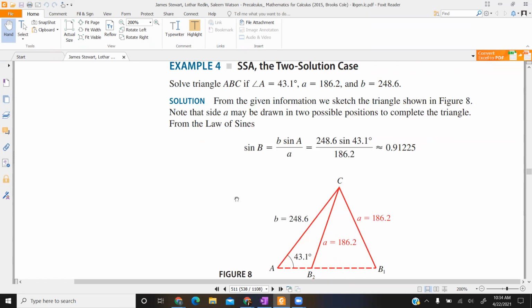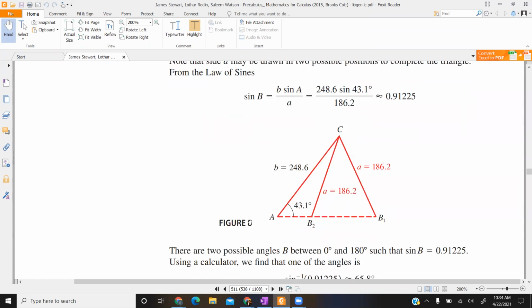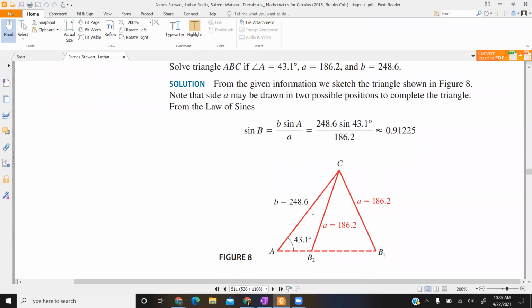From this, they say you can draw two possible triangles, and it seems from the drawing that yes, there are two triangles that you can actually draw. So our intuition should tell us that there's probably going to be two triangles, and we probably can't rule out one or the other. They're both going to be possible.